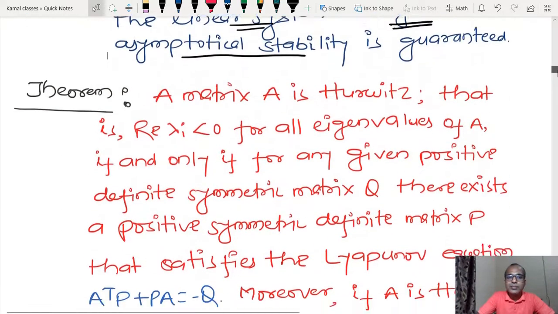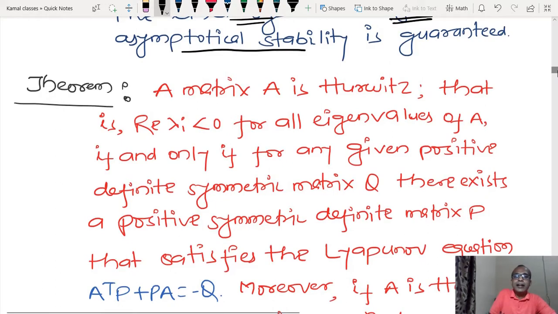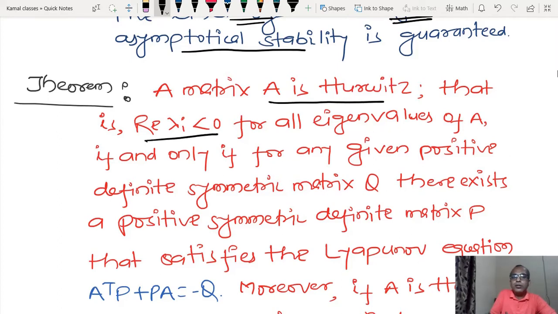What the next theorem is suggesting is that a matrix A is Hurwitz, that is, the real part of every eigenvalue of A is less than 0, if and only if, given a positive definite symmetric matrix Q, there exists a symmetric positive definite matrix P. This result is very strong.